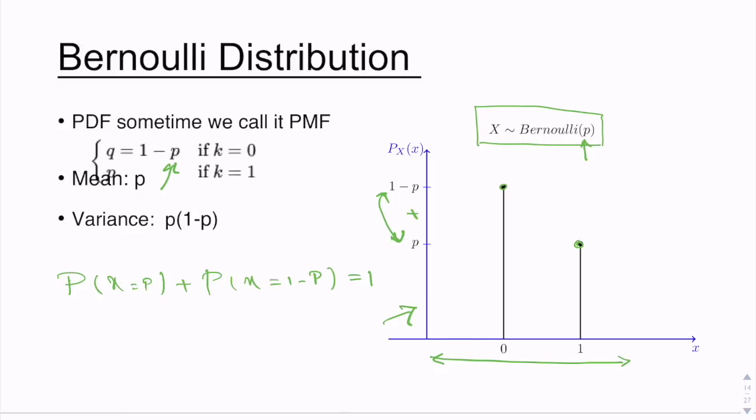But I will give you some reading materials for those of you who are interested. I would highly recommend also reading about the multinomial distribution and the Dirichlet distribution, because these distributions are very frequently used as the prior distribution for hyperparameters in machine learning problems.